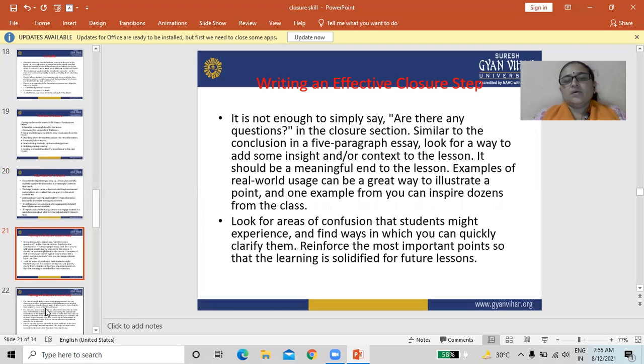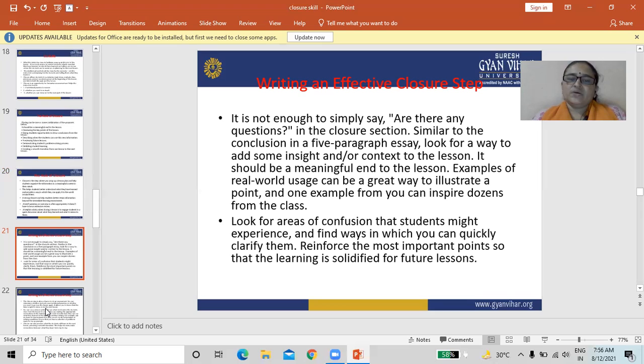In the closure section, similar to the conclusion in a 5-paragraph essay, look for a way to add some insight and or context to the lesson. It should be a meaningful end of the lesson.